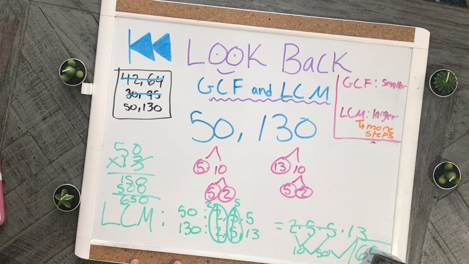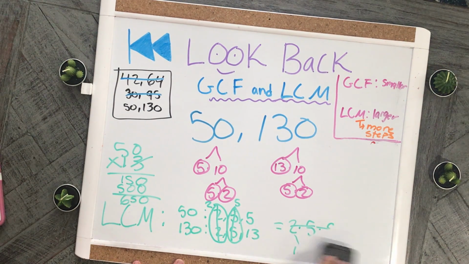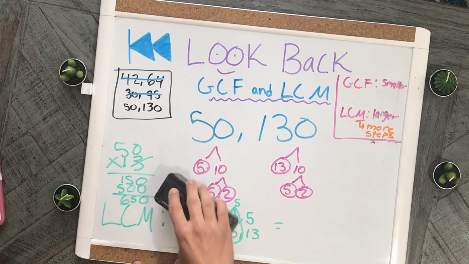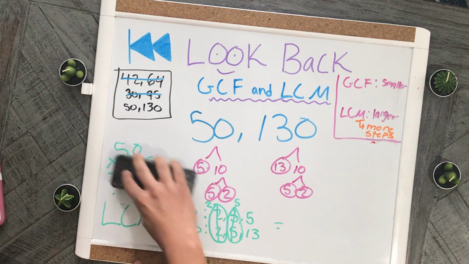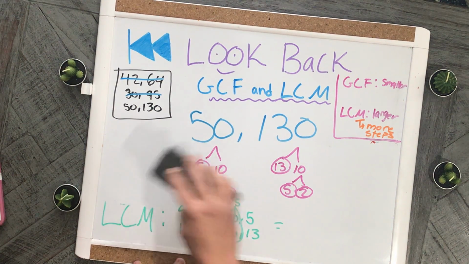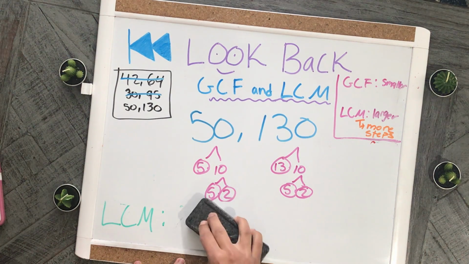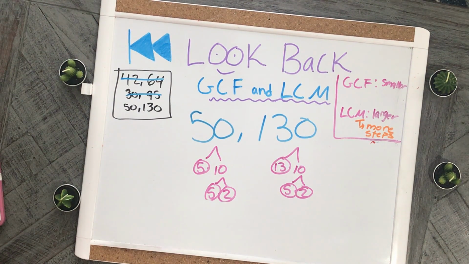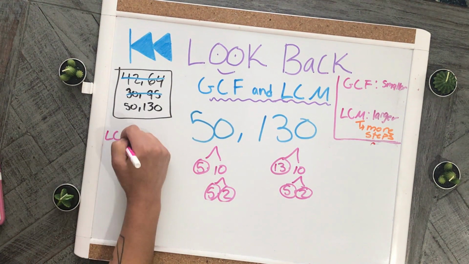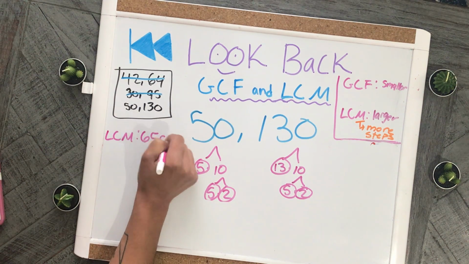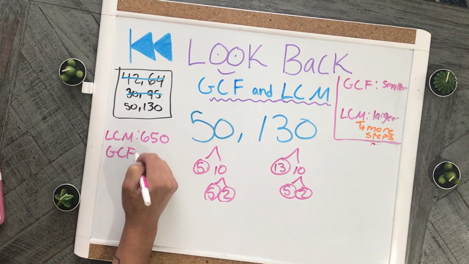Now let us find the greatest common factor. That was the LCM. LCM was 650. Now we're looking for the greatest common factor.